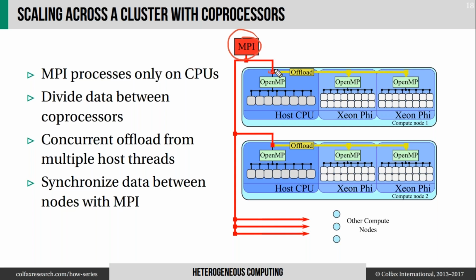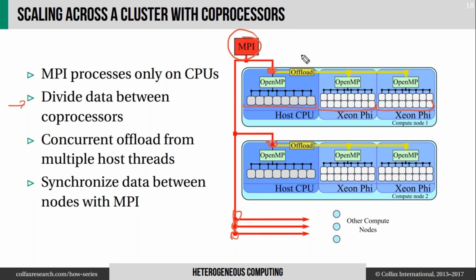You use MPI to scale across multiple compute nodes. And the easiest scenario is when you put one MPI process per node. Each process will have its own share of the data set that it processes, and each process is now responsible for scaling across the cores of the host CPU, if necessary, and for scaling across Xeon Phi coprocessors and their cores.